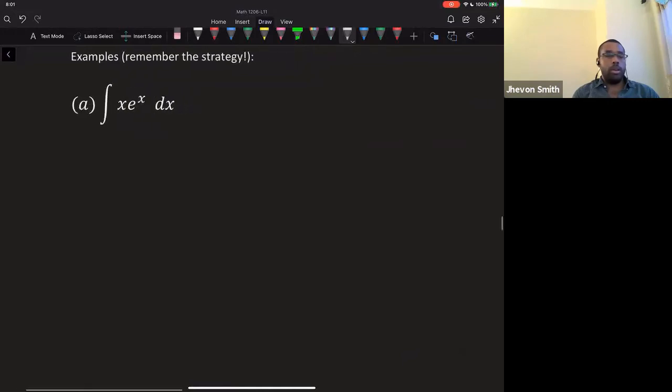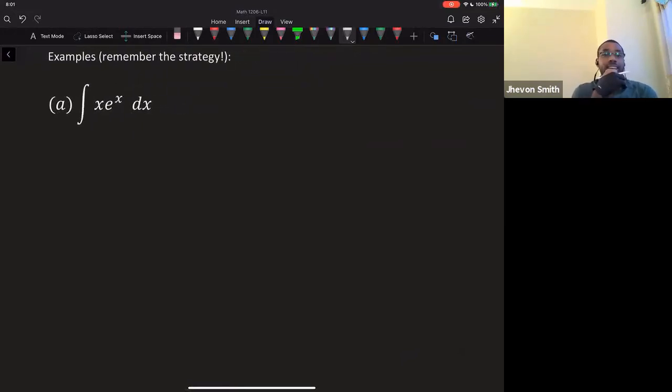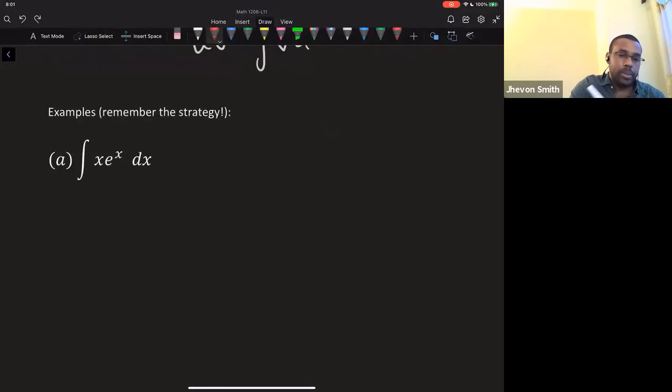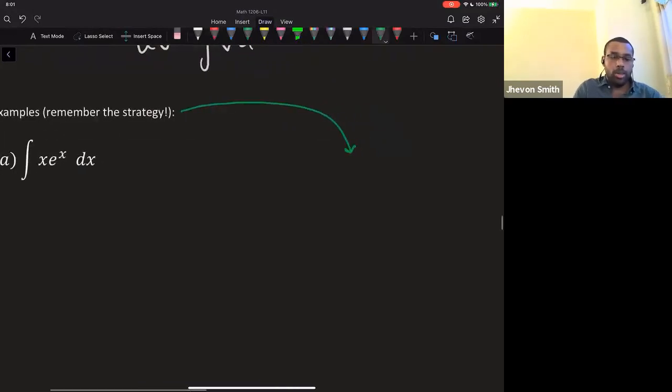So we're going to look at an example like x e to the x. Now, as I mentioned here, I do want you to remember the strategy. One, you try to apply a basic rule. Does that work or does that not work?